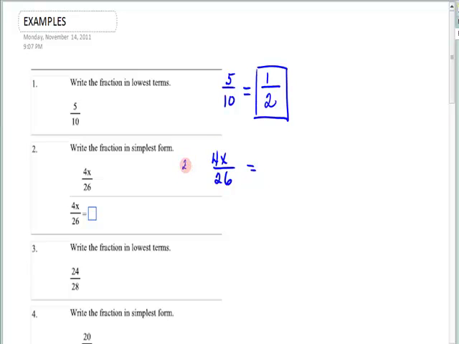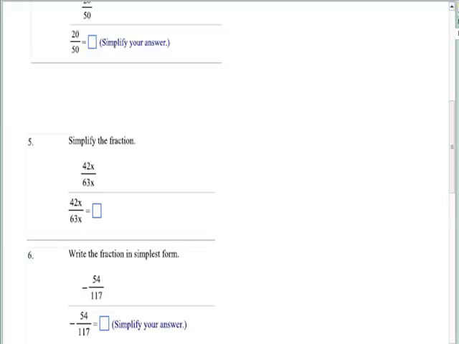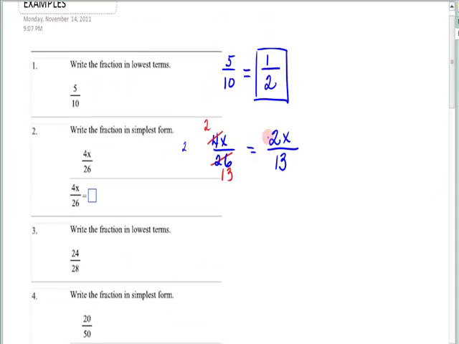So I'll just think about that. 2 will go into 4 2 times, keep the x. 2 will go into 26 13 times. Sometimes people write it like this. 2 goes in there 2 times, 2 goes in there 13 times. Don't forget the x. Now, is there a common x? Is there another x to divide out with that one? And the answer is no. So we're done.